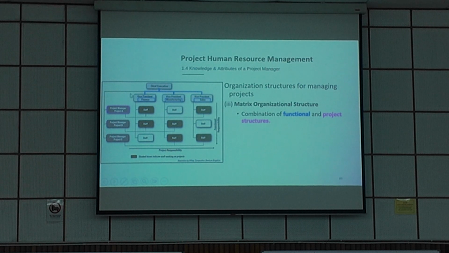Project A, project B, project C. So this is a project structure. Each has a project manager. Project manager reports to chief executive. So this is matrix organization structure, a combination of functional and project.